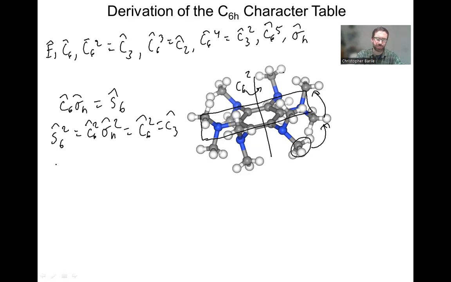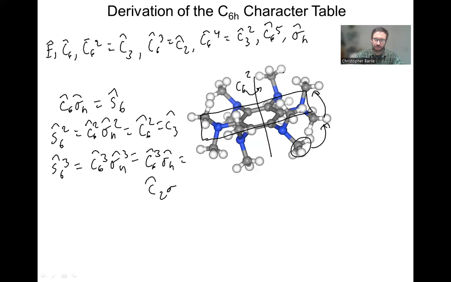So we can just go on to evaluate the odd versions of these. What happens if we do an S6 3 times? We're going to get a C6 3 times and a sigma h 3 times. Sigma h 3 times is equal to sigma h 1 time: top went down, down went top, and then top went down again, which is the same as just doing top went down. So that's equal to C6 3 sigma h. C6 3 is a 180-degree rotation, which we set up here, just a C2.